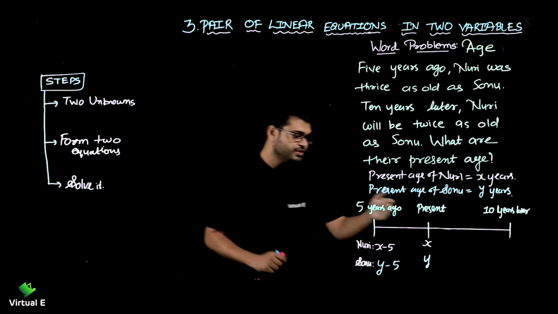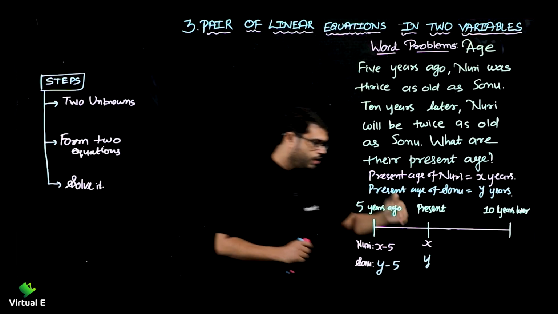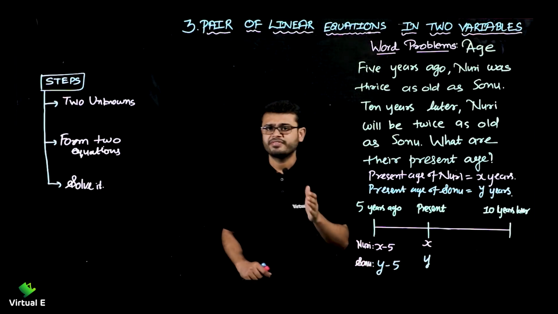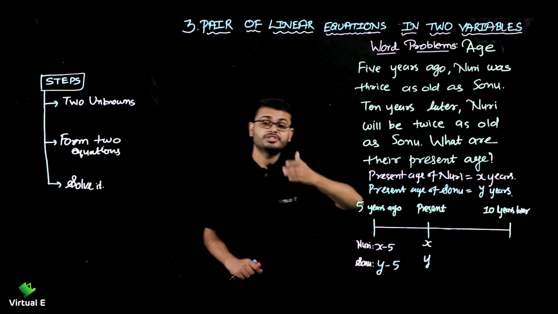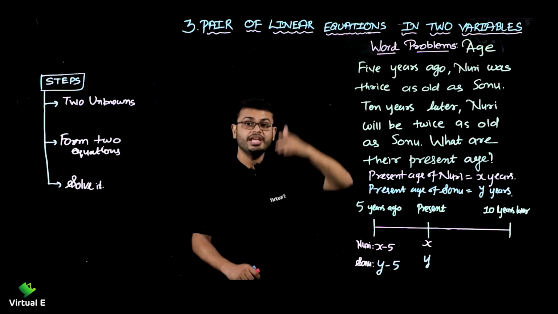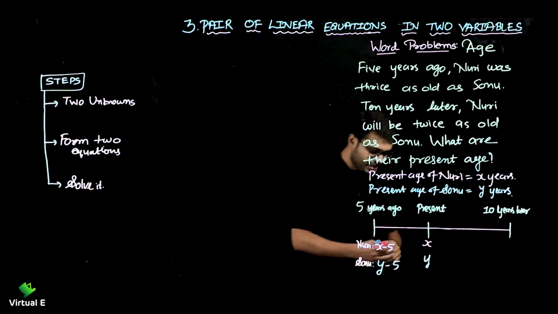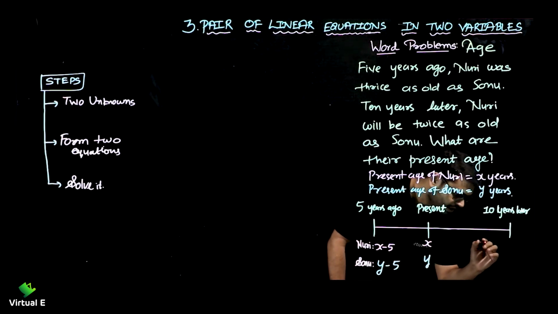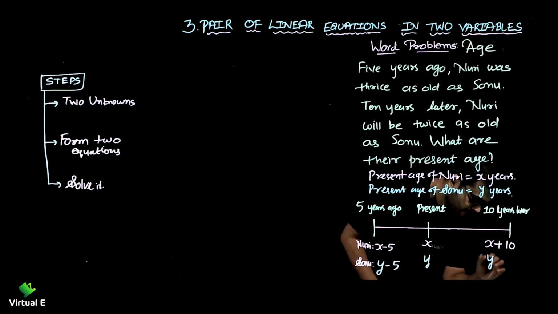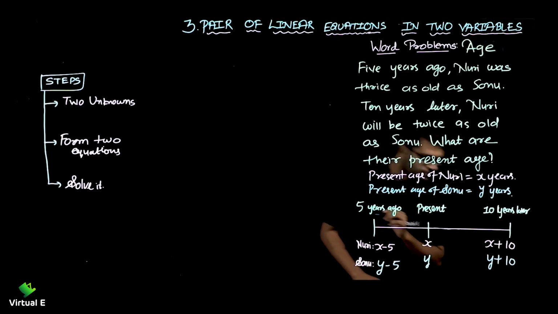So the 5 years ago case is done. Now let's talk about 10 years later. Your age is 15, 10 years later, which is plus 10, that will be 25. So I can write 15 plus 10. If the age is X, that will be X plus 10. And if the age is Y, that will be Y plus 10.